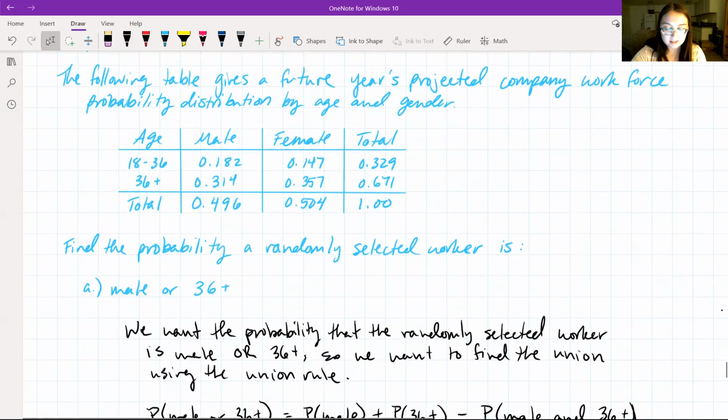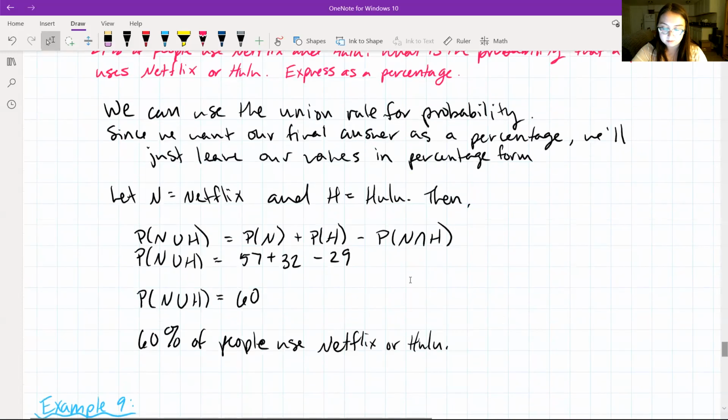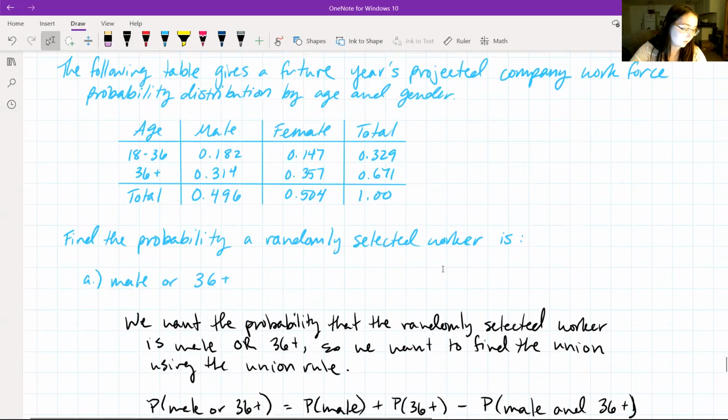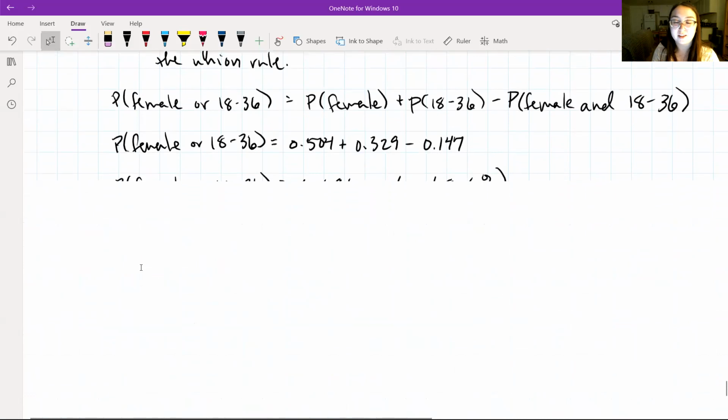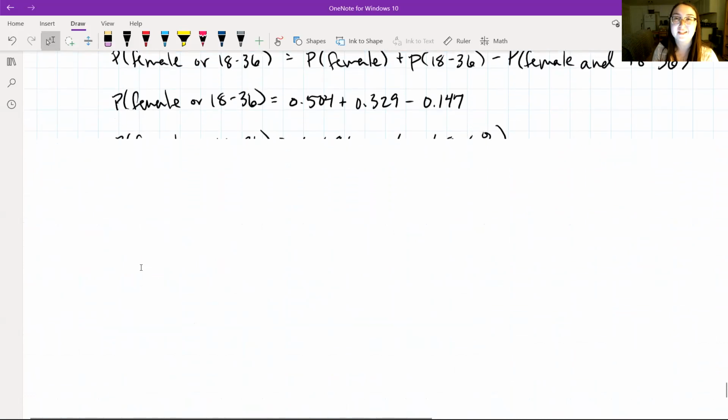We see the probability that a worker is female and above the age of 36, and we just follow in our table and we see the value is 0.357. So we didn't even need to use a formula for this part. We know it is just what we have in our table.